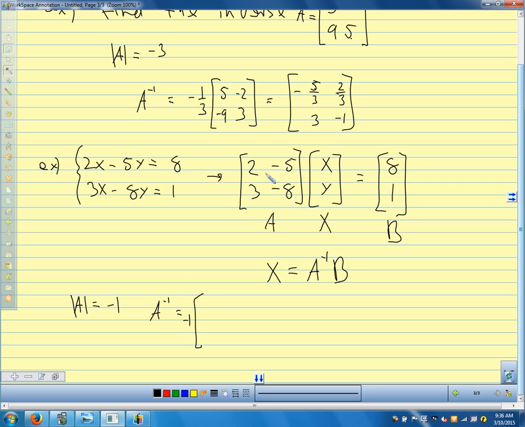I'm going to switch the elements on the main diagonal. Change the signs on the other two. So I get the matrix 8, negative 5, 3, negative 2.